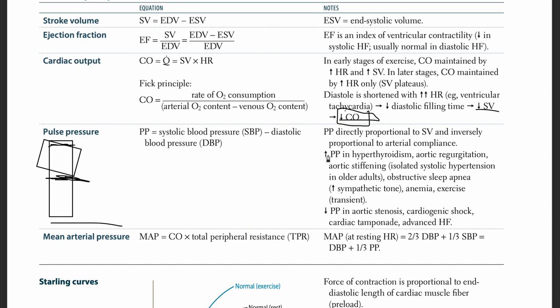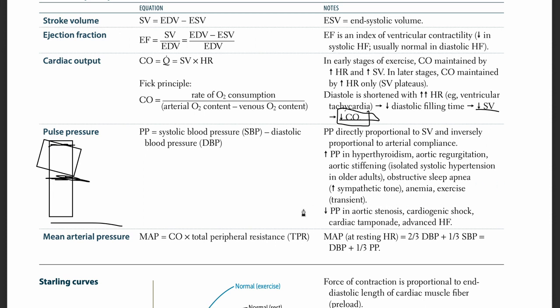So increase in pulse pressure occurs in hyperthyroidism, aortic regurgitation, aortic stiffening, isolated systolic hypertension in older adults, obstructive sleep apnea, increase in sympathetic tone, anemia, and exercise, which is transient. That's just transient.